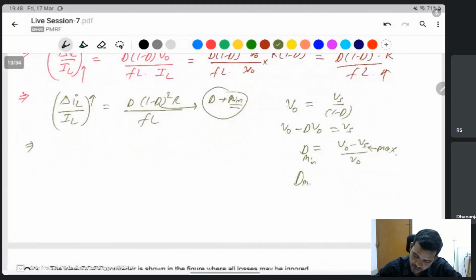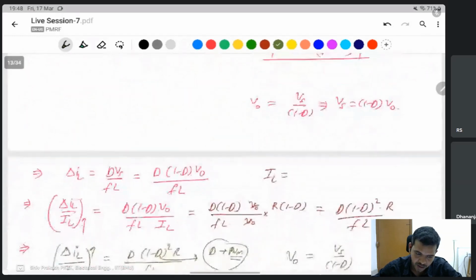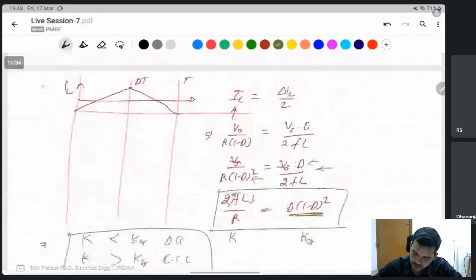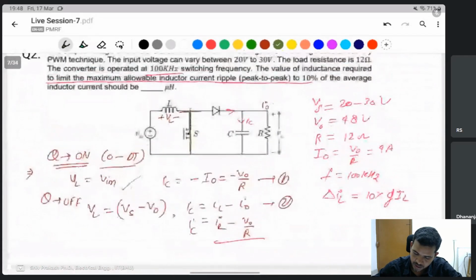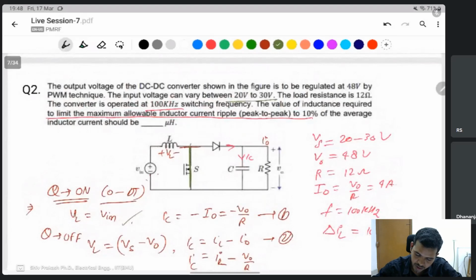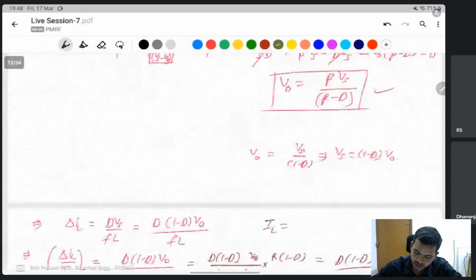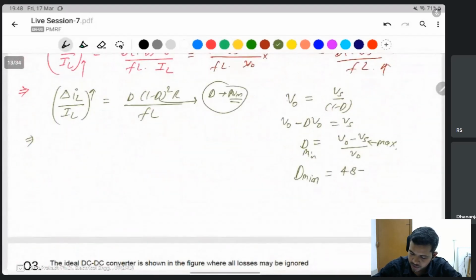Then what is the d minimum? Output voltage is given 48 volt, Vs is given 20 to 30 volt, maximum input voltage is 30 volt, divided by 48, so we find 0.375.